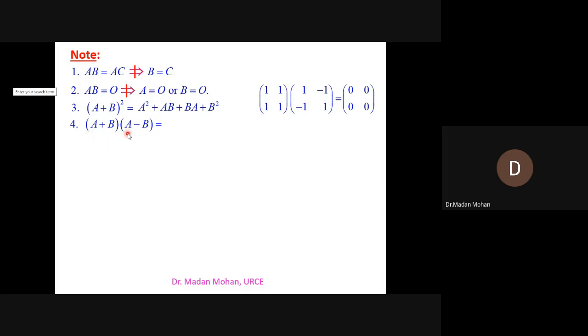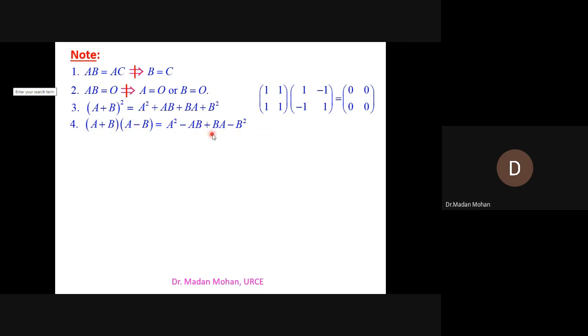A square plus AB minus BA minus B square. One more term is there, AB. A square minus AB plus BA minus B square, because these two won't cancel. That's the point.